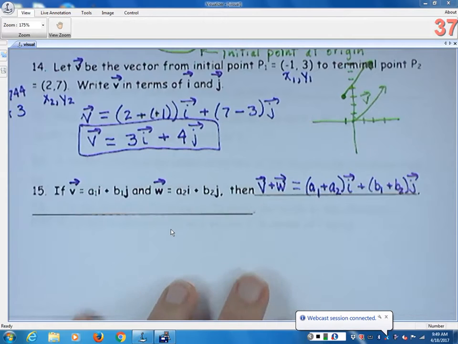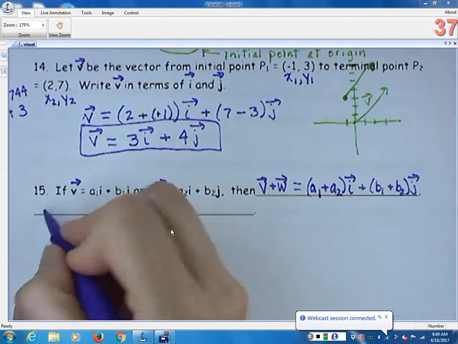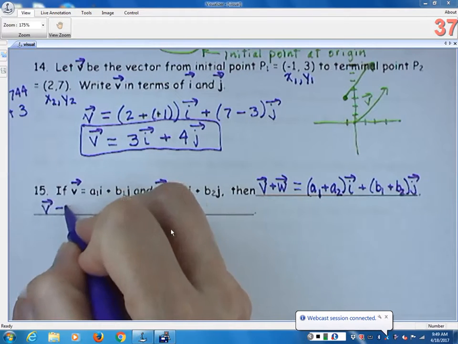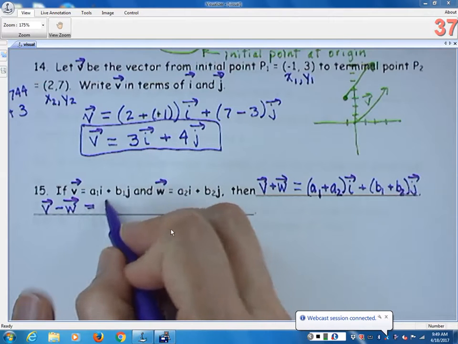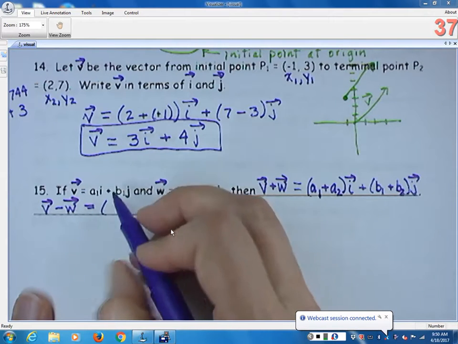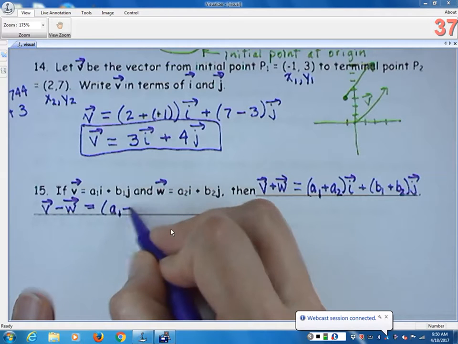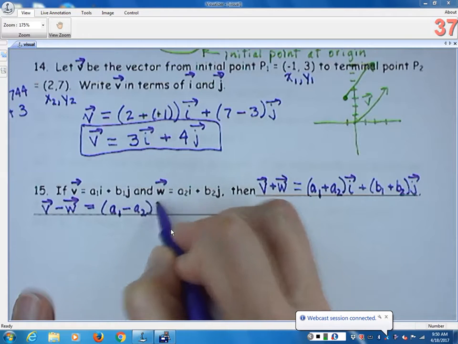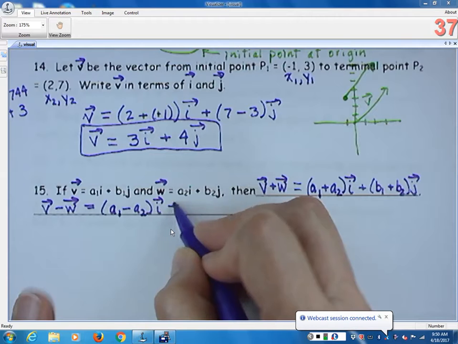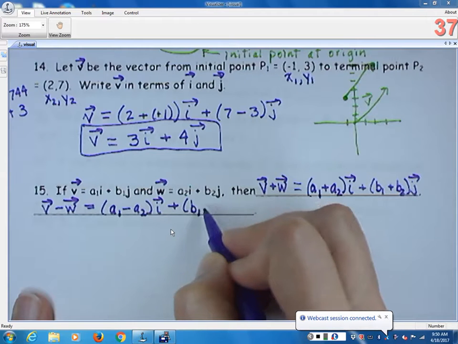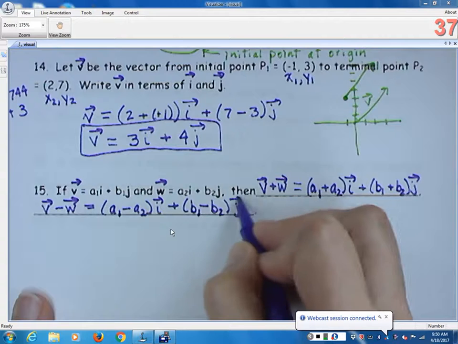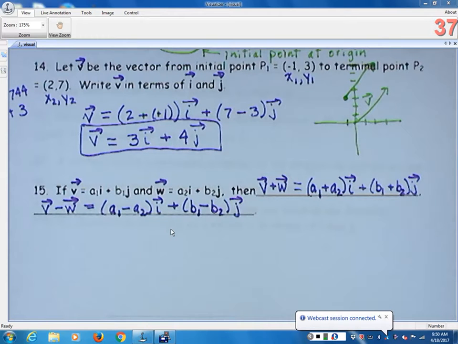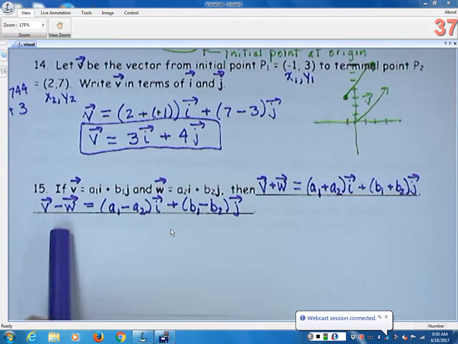And then we want to define the subtraction of those, which is A1 minus A2 I plus B1 minus B2 J. Or you could have rewritten this as addition and used that formula.